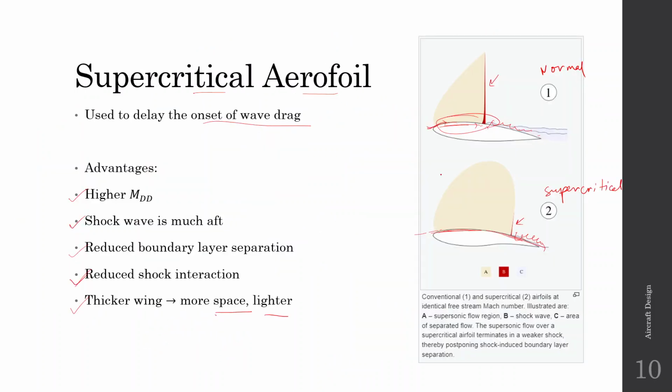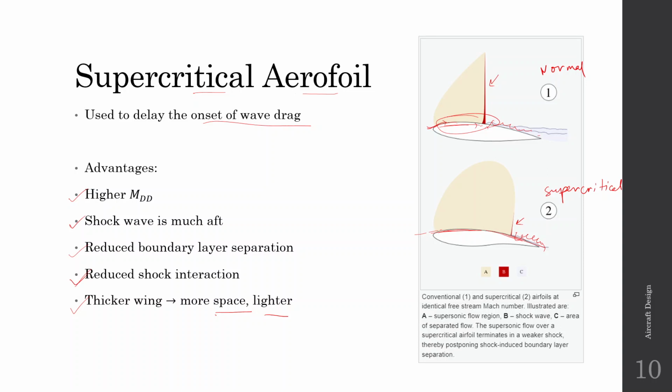You can see that when you're talking about supercritical aerofoil, you have a shock wave already. This shock wave indicates that the flow in this region is supersonic. So there is a bubble of supersonic flow, which means that the aerofoil is moving above MCR.